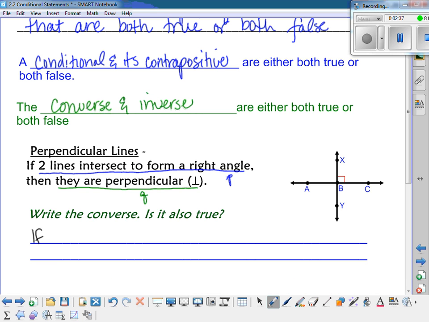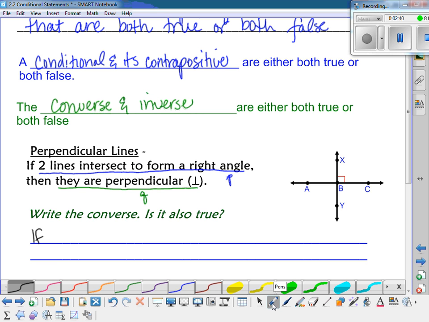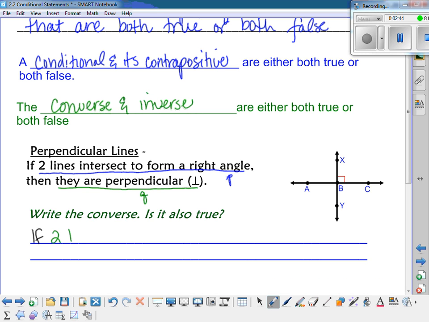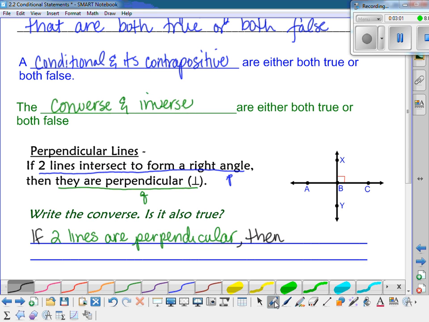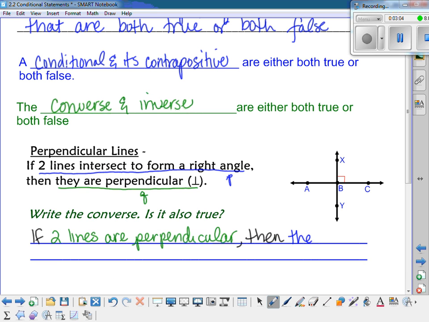So if two lines are perpendicular, then they intersect to form a right angle.